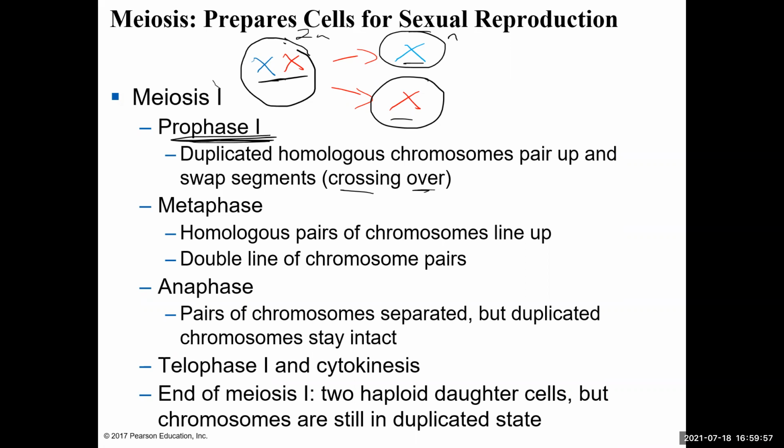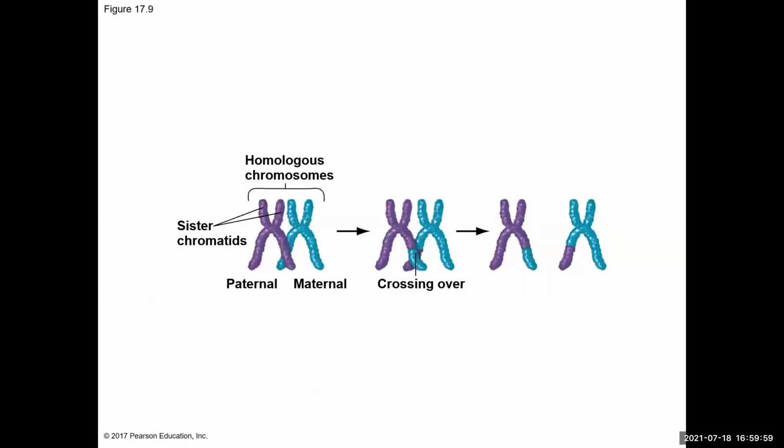The way crossing over happens is, you have your homologous chromosomes pair up, just like this. So you have your paternal and your maternal copy. These chromatids here are coming into contact with one another, and they can swap their bits of DNA information, their segments, basically like grafting onto one another.